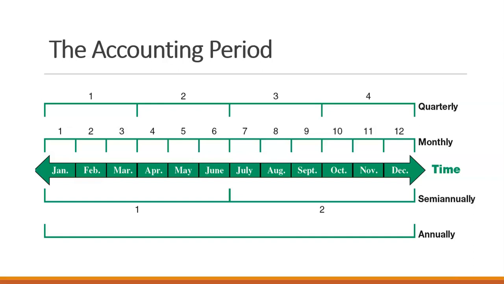At a minimum, this has to be done every year. Whether we choose to do it quarterly or monthly is up to us and how we have set up our accounting systems and records. We do have to do it yearly, though.